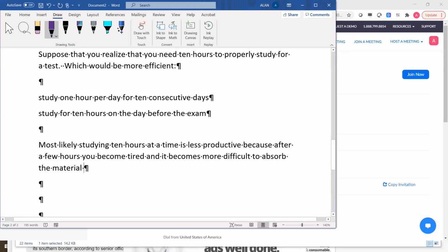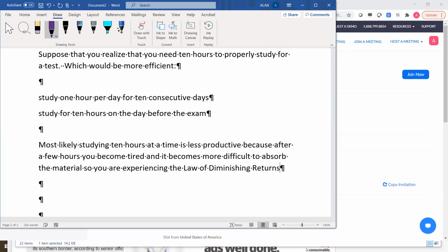So you are experiencing the law of diminishing returns. In other words, let's say the last 3 hours are not nearly as productive as the first 3 hours.